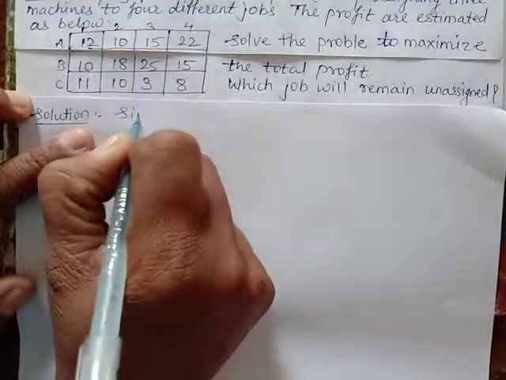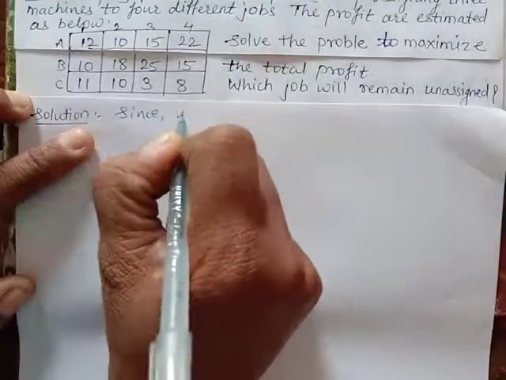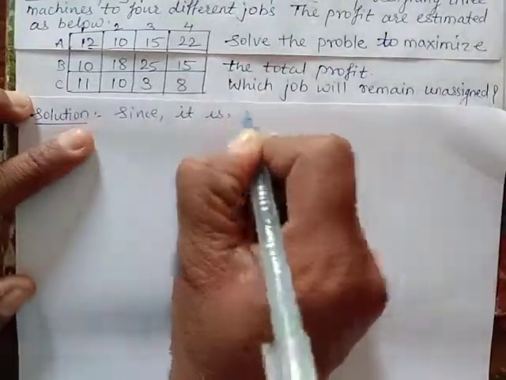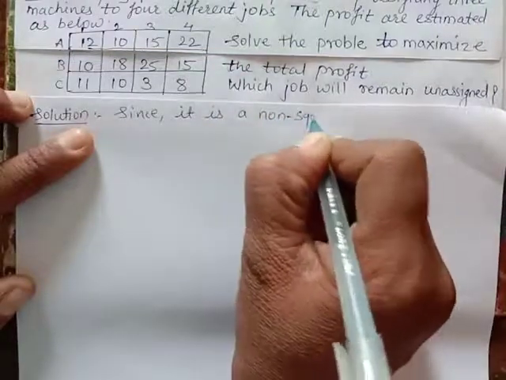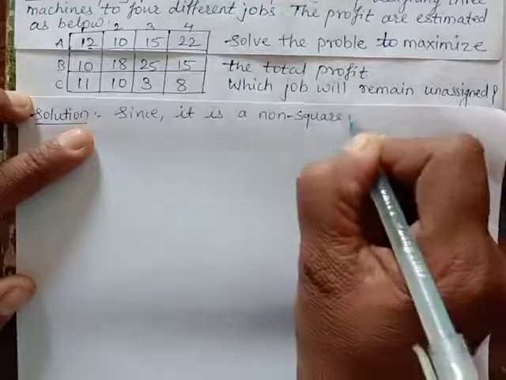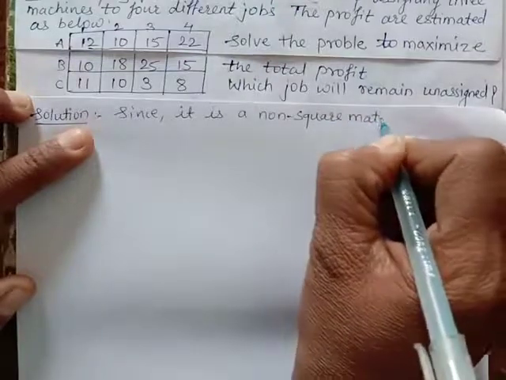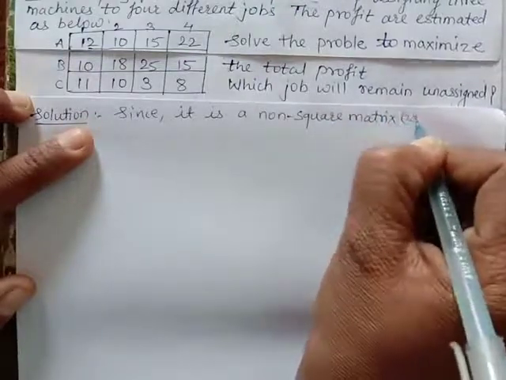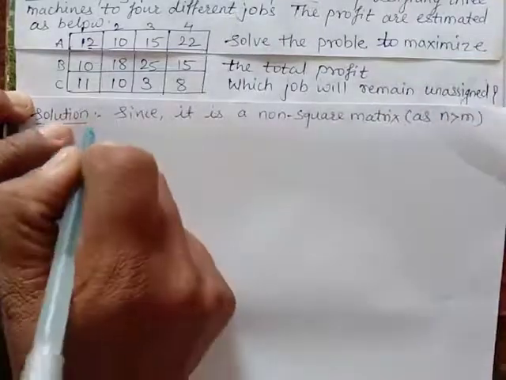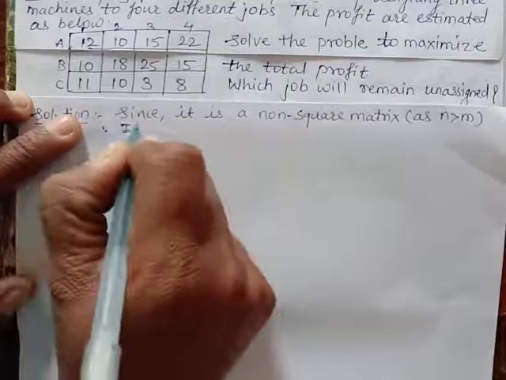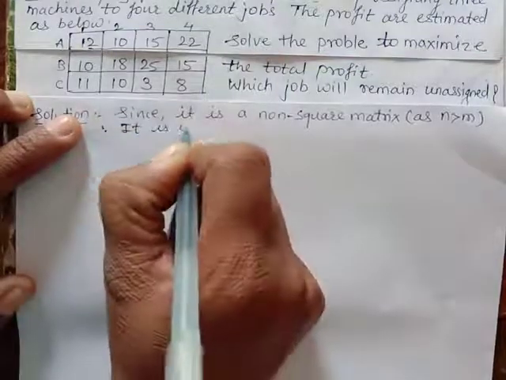So, solution. Since it is a non-square matrix, as n greater than m, therefore it is unbalanced.